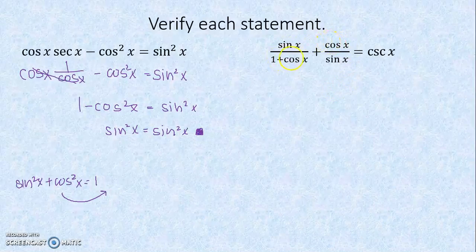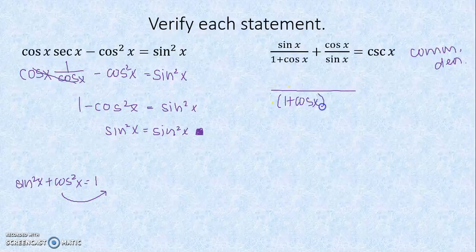On this one, I don't want to just rewrite as sine and cosine because that's what I did over here, and doing it over here doesn't help any since they're already sine and cosine. So what I'm actually going to do is find a common denominator. So that common denominator is going to be 1 plus cosine x times sine x.